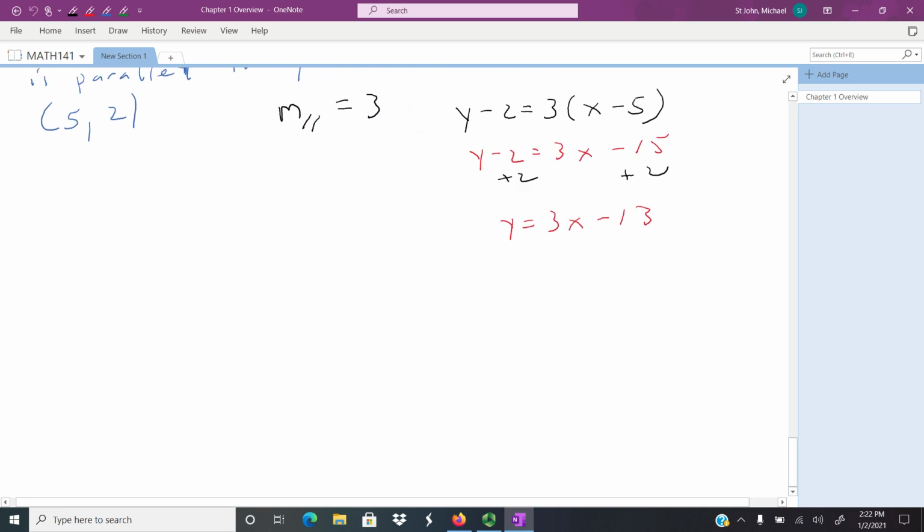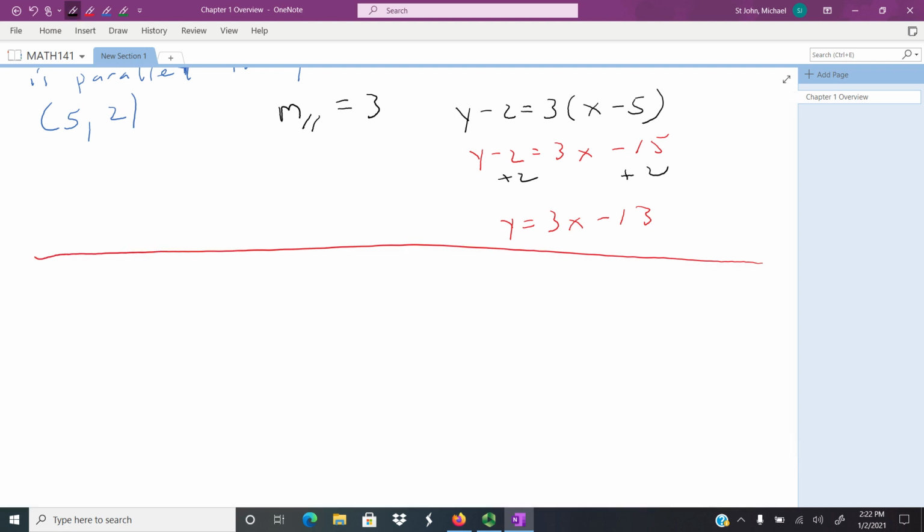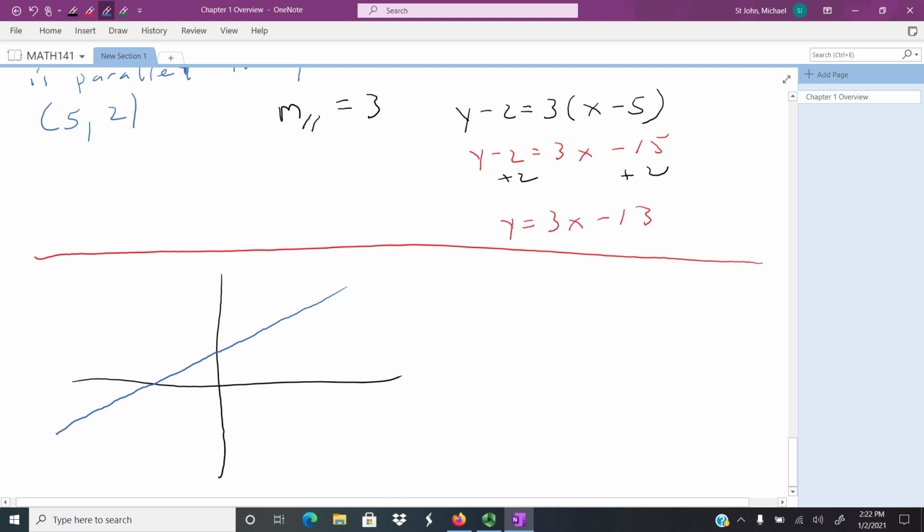Well, how about perpendicular lines? Let's draw a graph to see what happens with perpendicular. Let's graph a line going like this. This line has a positive slope.